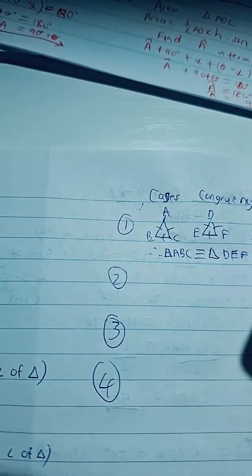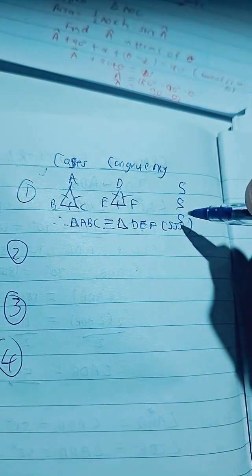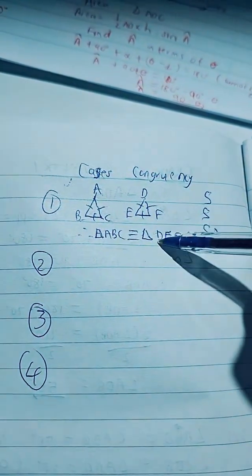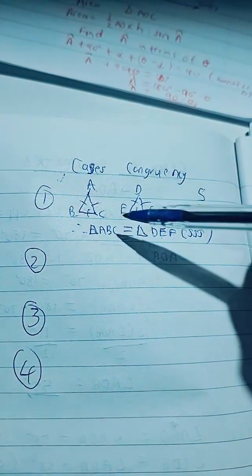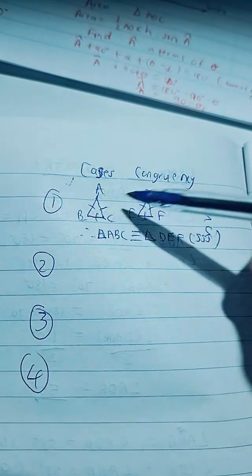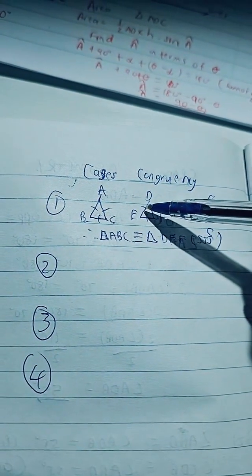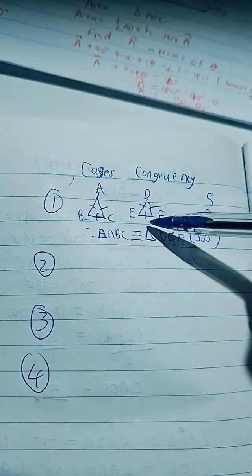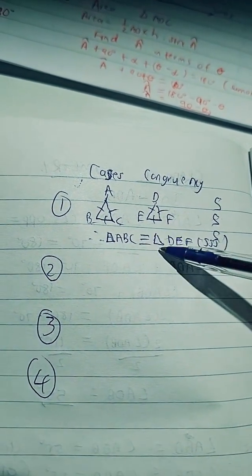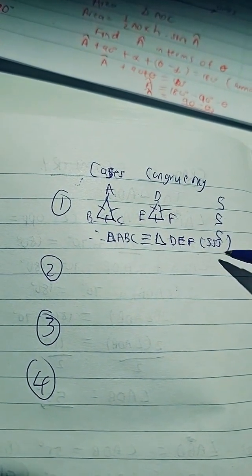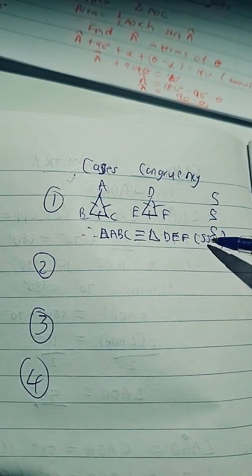When you look at the order, then the case would be side, SSS. But remember, before I conclude this, it would be preceded by these statements. AB is equal to DE, reason given. BC is equal to EF, reason given. AC is equal to DF, reason given. And then I'll conclude and say triangle ABC is congruent to triangle DEF. And then say side, side, side.